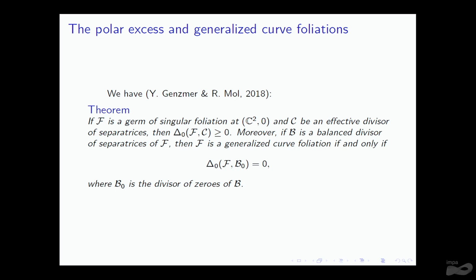And if B is a balanced divisor of separatrices, then F is a generalized curve foliation if and only if this delta index, this polar excess index, with respect to the zero divisor of B is 0. So it gives a characterization of generalized curve foliations also for the critical case.